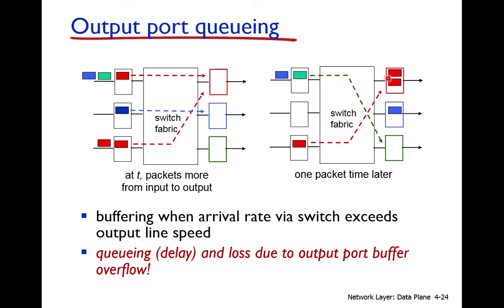One packet will be transmitted, one packet will be stored in the queue, and this other output port is free. So buffering is needed when the arrival rate exceeds the switch output limit, and when the buffer is full and more packets arrive, then buffer overflow occurs and those packets will be discarded.